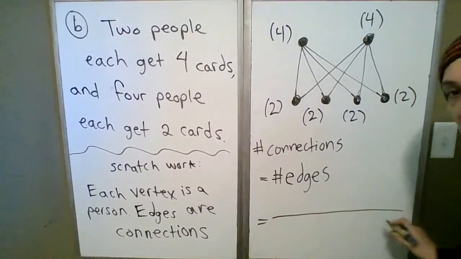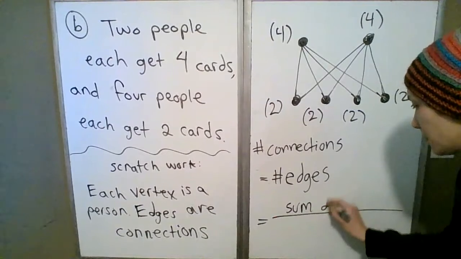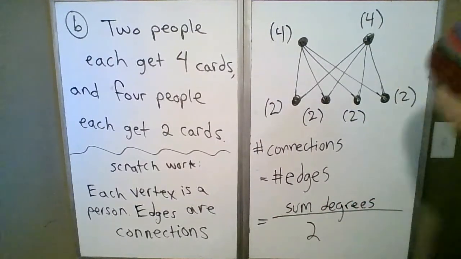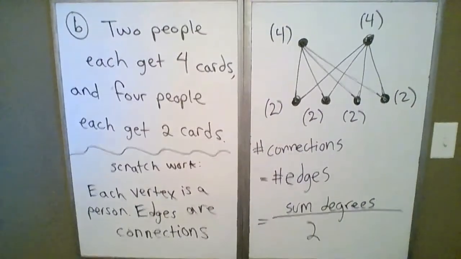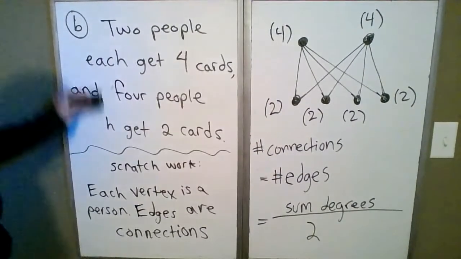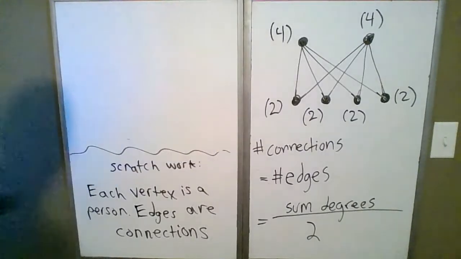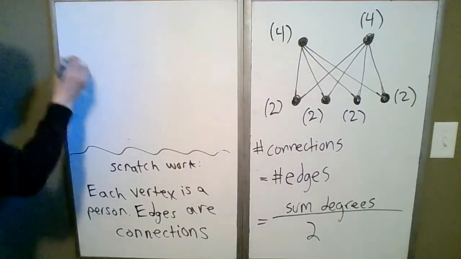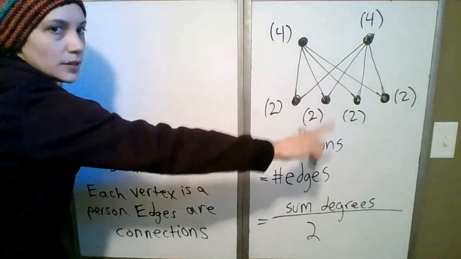Okay, sum of the degrees and divide by 2. So the sum of the degrees is going to be 4 plus 4 plus 2 and 2 and 2 and 2.